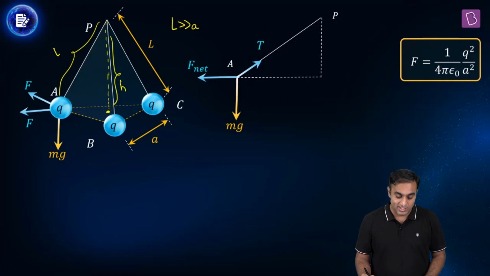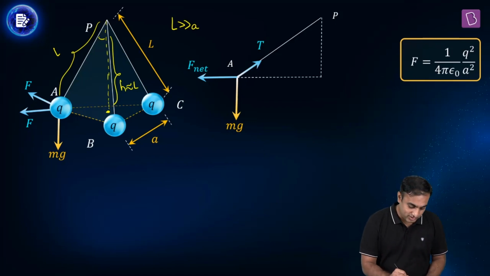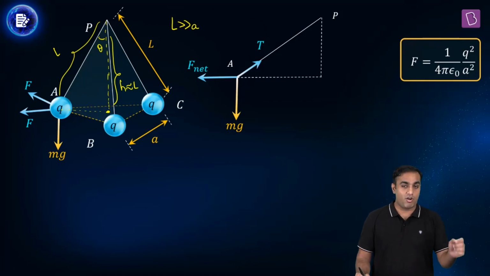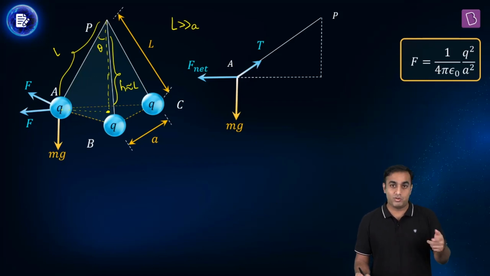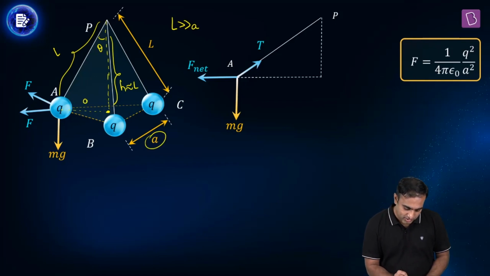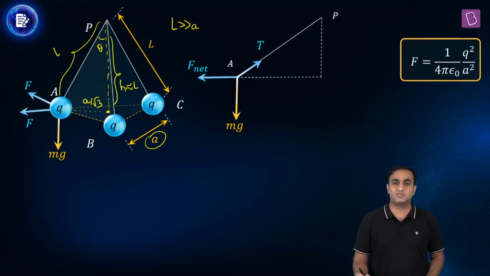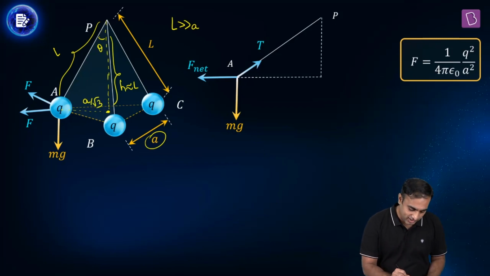It means that h is almost equal to capital L itself, because small a is really smaller in magnitude compared to capital L. Now, we know that this is theta and this distance, the corner to the centroid distance in an equilateral triangle, happens to be side length divided by root 3. And what is the side length here? a. So this happens to be a by root 3. Now, look at this right angle triangle.